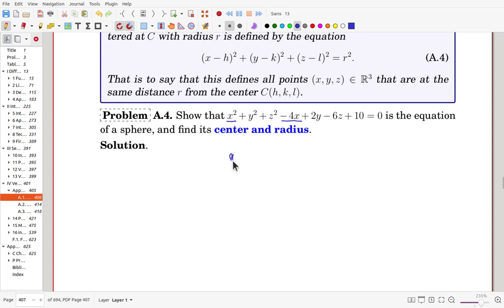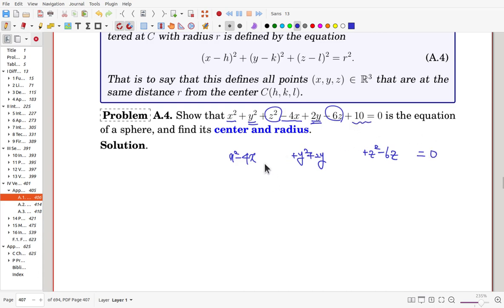That is x squared minus 4x. And how about y terms? They are y squared plus 2y. And now z terms, they are z squared minus 6z. We have to now deal with that one.